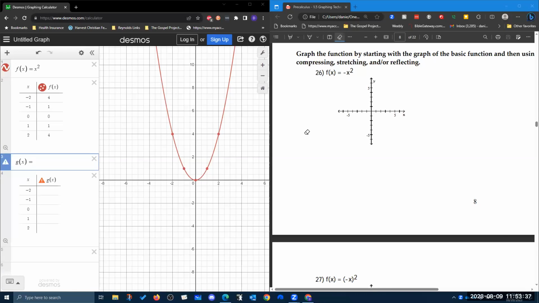In this video, we're going to talk about reflections across the x-axis and the y-axis. If we have a reflection that looks like this, we're calculating the opposite y value, and that's a reflection across the x-axis.